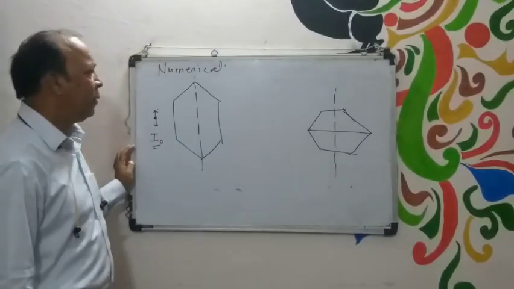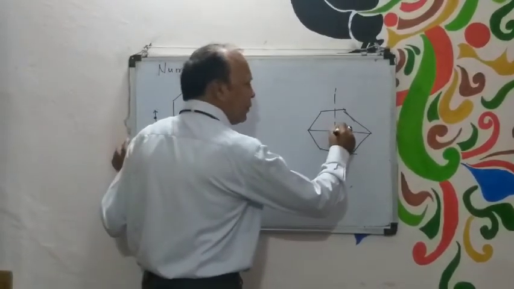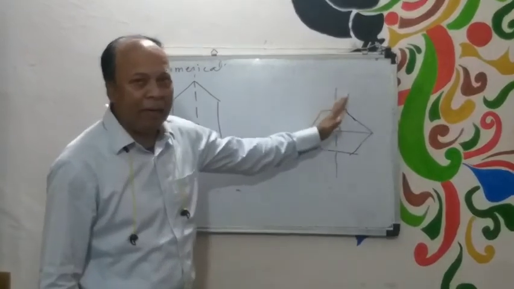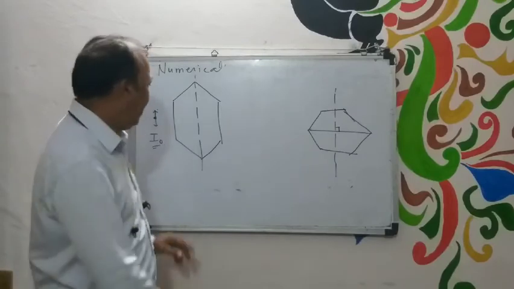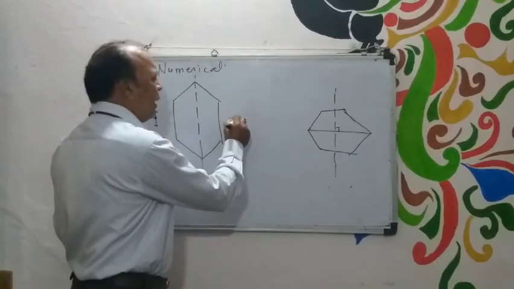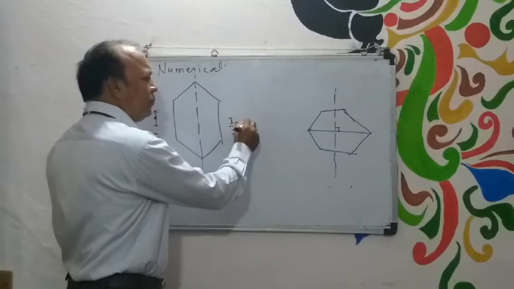The angle between this plane of polarizer and plane of analyzer is 90 degree. Is that clear? Here the intensity you are getting, suppose, is I0 by 2.